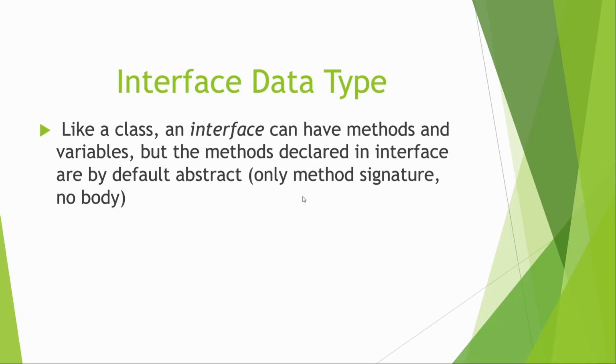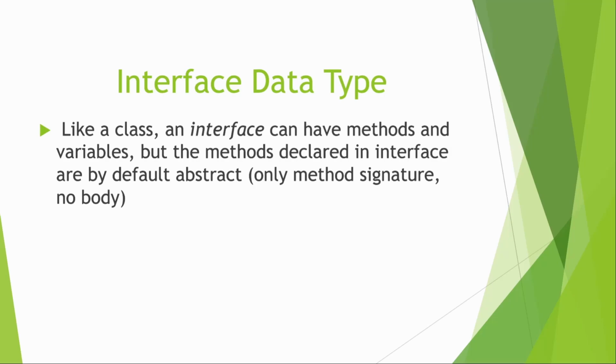You will not have the method definition, but Java 8 introduced static methods and default methods, which you can have in an interface, with definitions, which whichever class implements the interface can use. When I do a detailed video on Java 8 features, we will see how static methods and default methods work in interfaces.